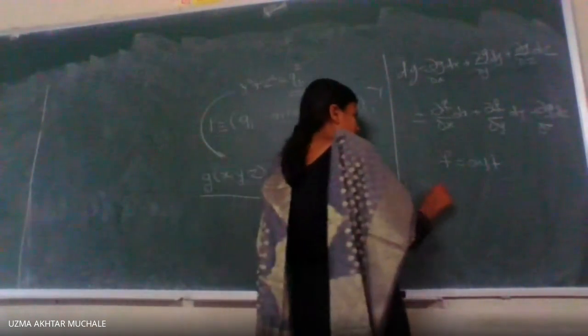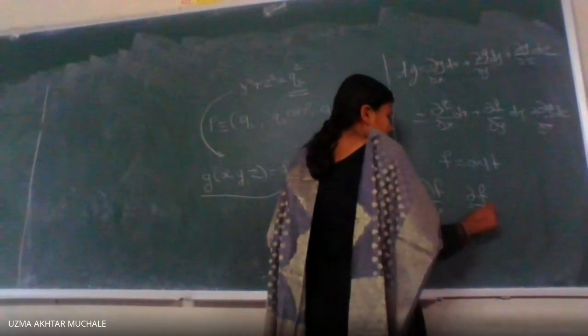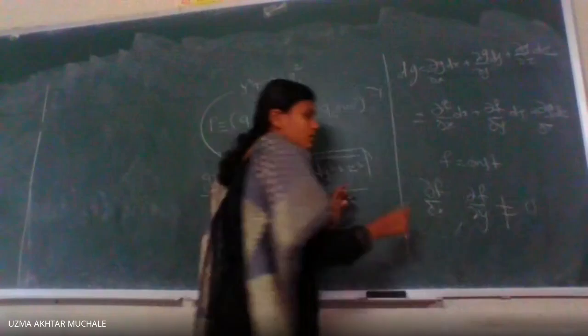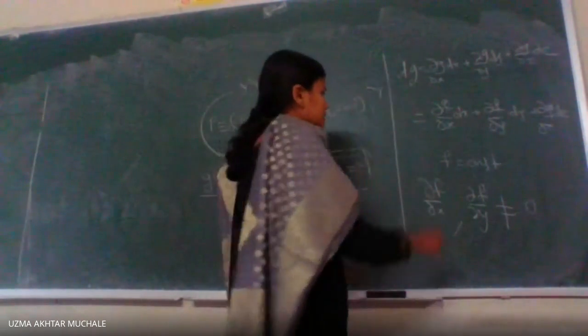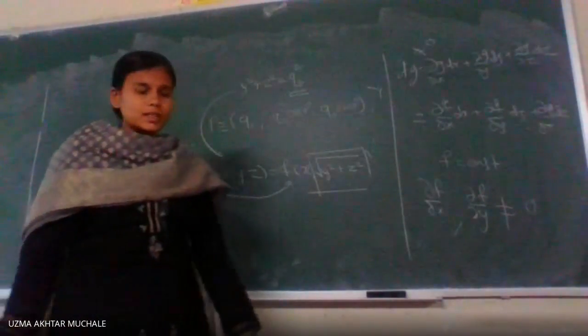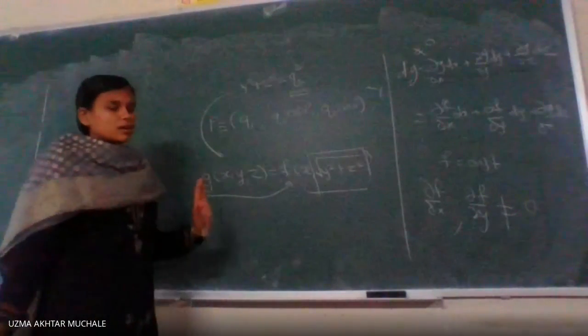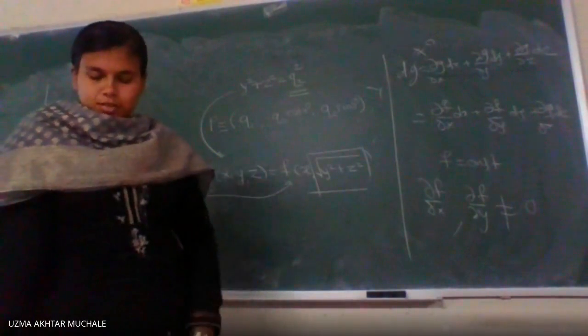So obviously, dou f by dou x and dou f by dou y simultaneously will not be equal to 0. Both will not be equal to 0, which means that this dg is not equal to 0. Hence, we can say that whatever surface of revolution we are obtaining is a surface.